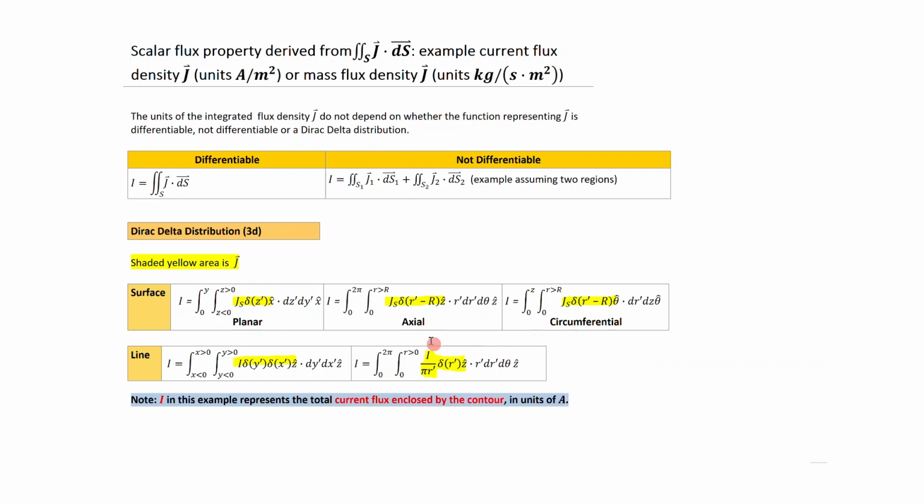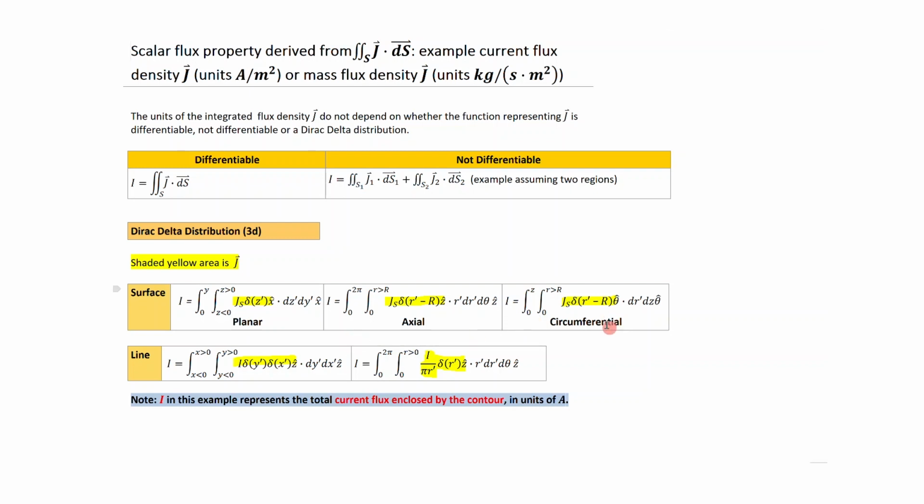Circumferentially, the only difference between this one and the previous one is that in that case the current was flowing in the z hat direction. Here, the current is flowing in the theta hat direction. So that's the only major difference we're dealing with here.